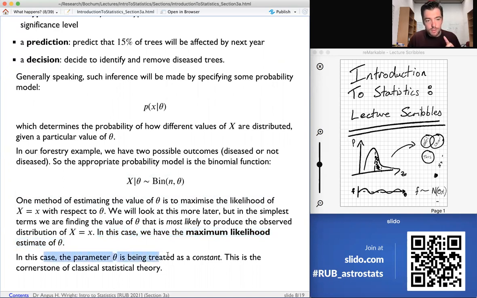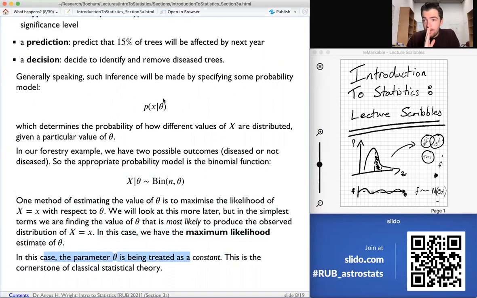The crucial part is that in this maximum likelihood analysis, theta is treated as a constant at every instance of the realization of the model.